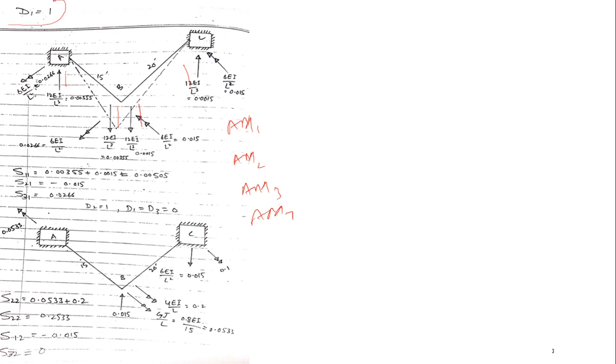While constructing D1 equal to 1, the vertical reaction is 0.0. The vertical reaction here is equal and opposite to this, so it would be minus. This is opposite to this 0.0015. This is the same upwards, and my AM is upward, so it would be plus 0.0015.